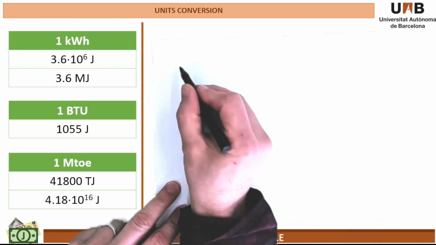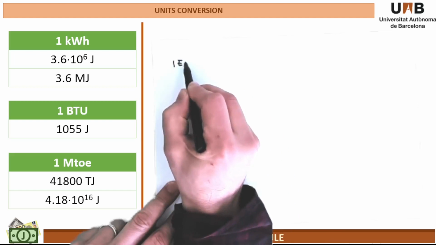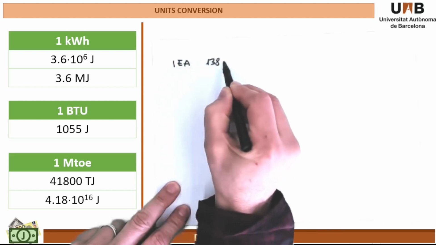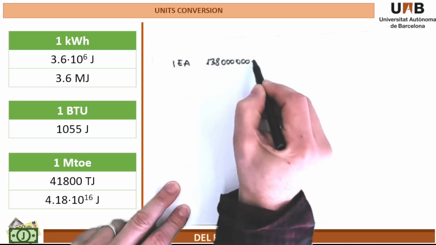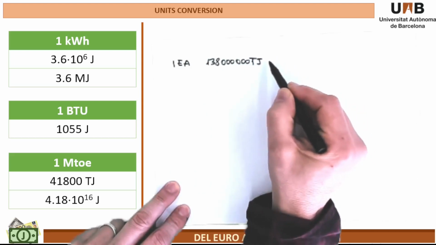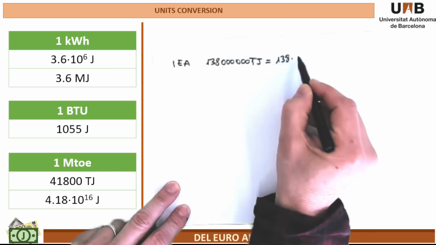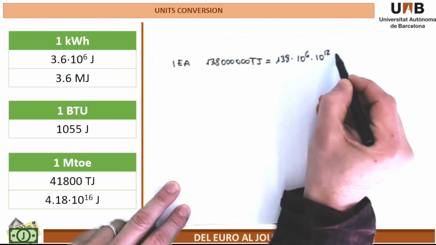On one side we get from IEA approximately 138 millions of terajoules. We will express it in exajoules as in the first chapter. This is 138 by 10 to the 6 by 10 to the 12 joules.